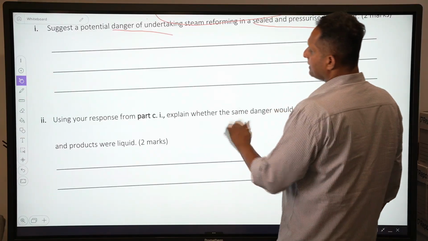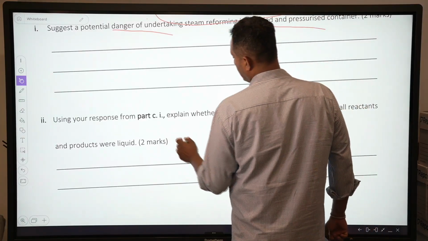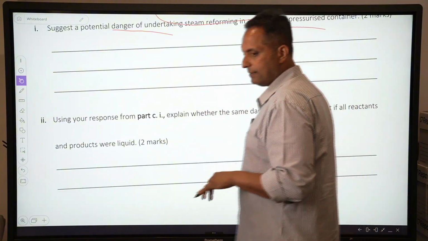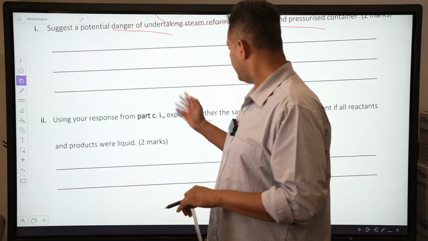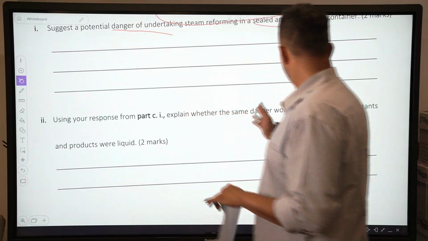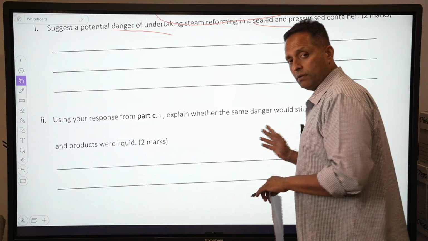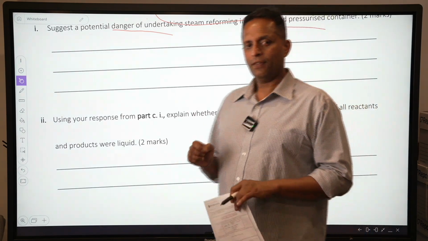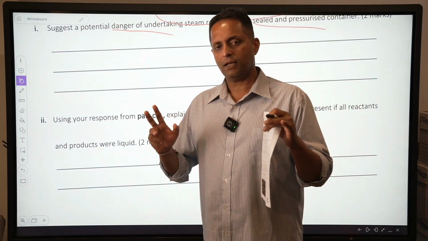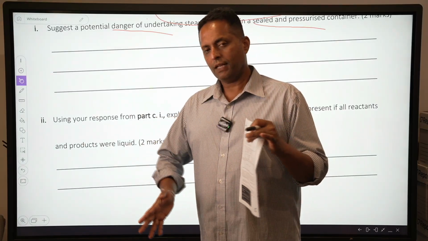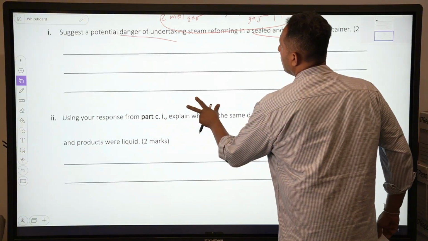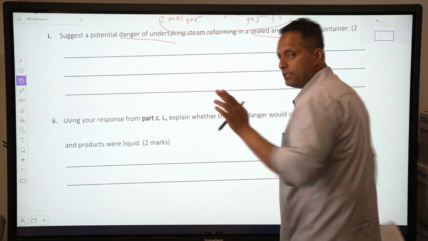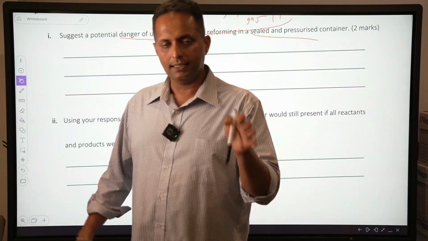They are saying, if all these reactants and the products were liquid, would this still be a problem? Will there still be a danger doing this reaction in a sealed container?